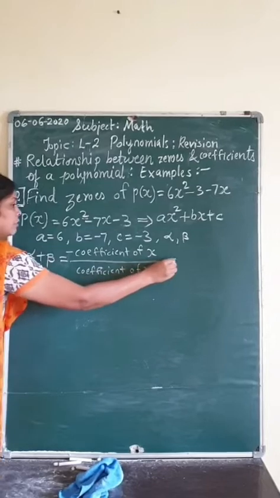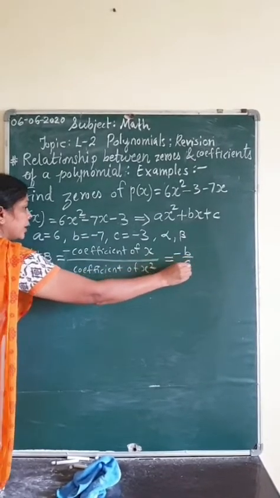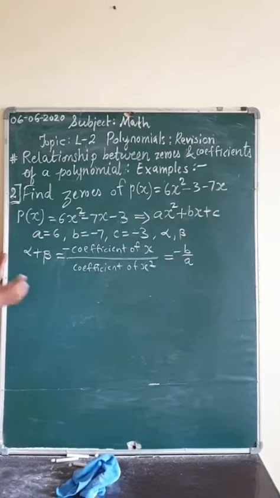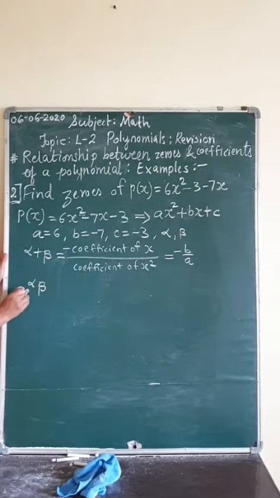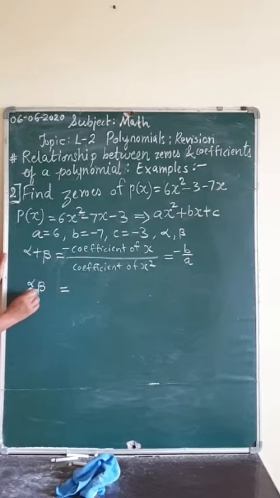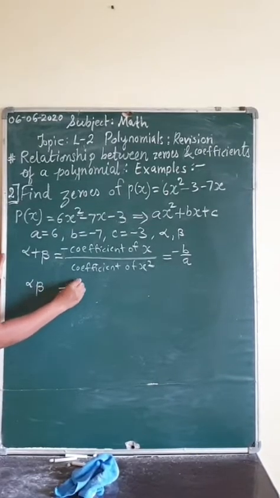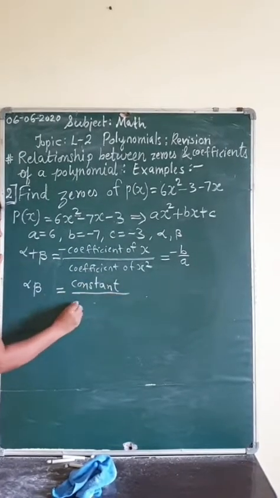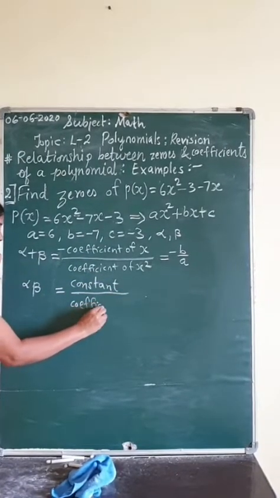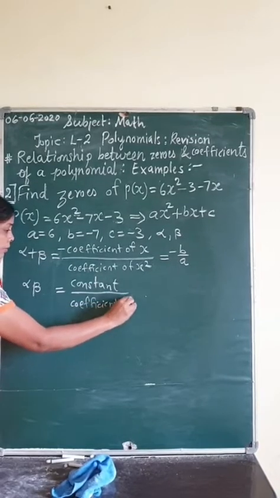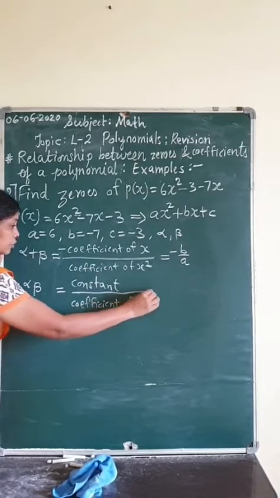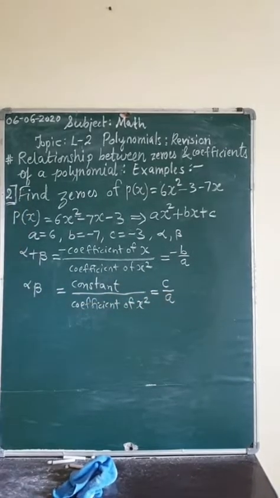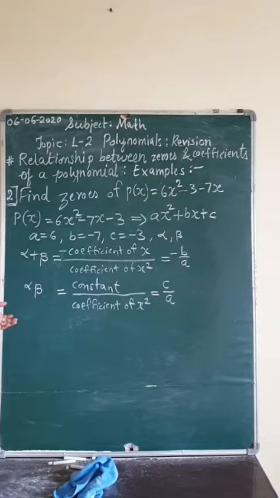It means we get minus b upon a as the sum of zeros of the polynomial. And the next relation we get is the product of zeros, alpha into beta, is equal to constant upon coefficient of x square, which is equal to c upon a. So I hope you have revised it again.